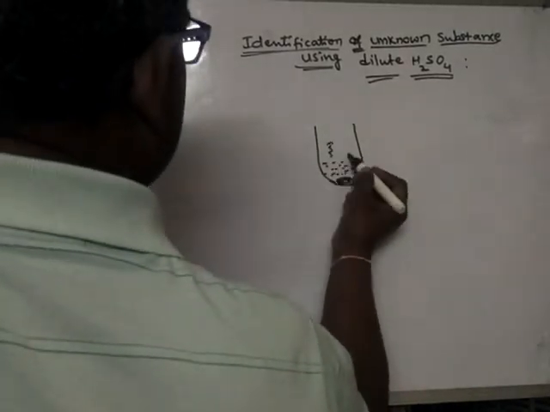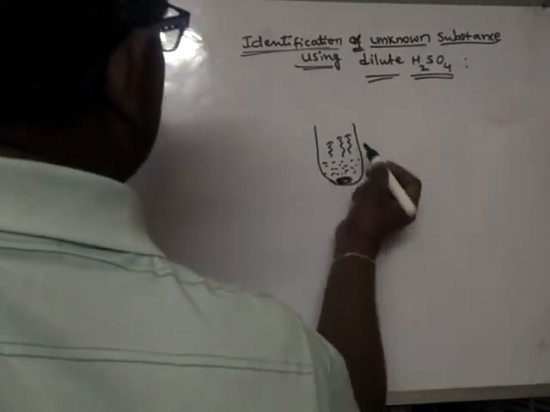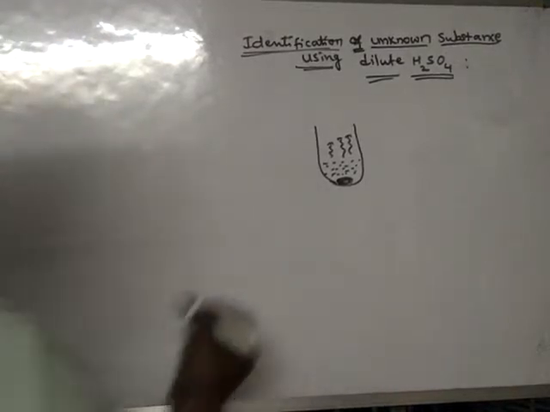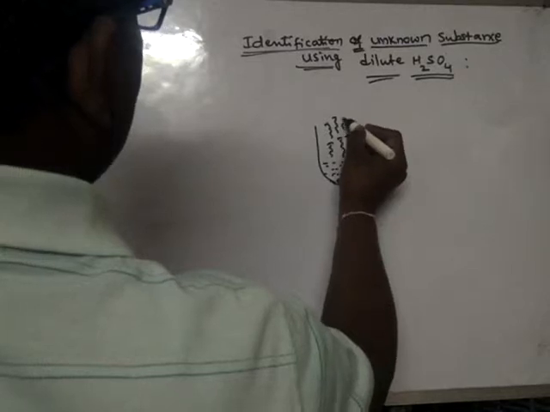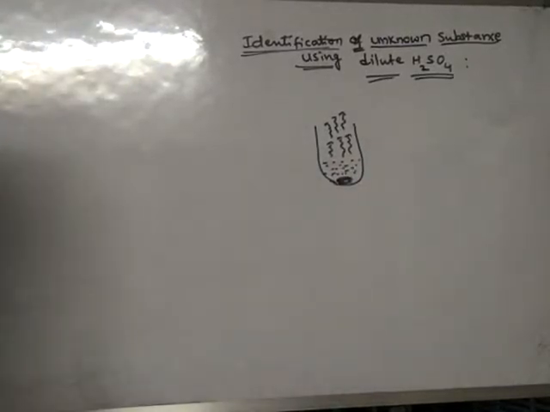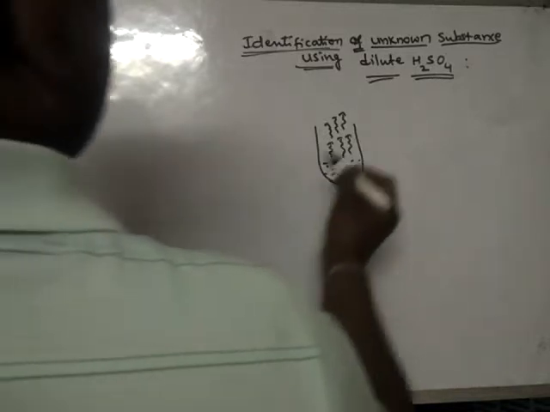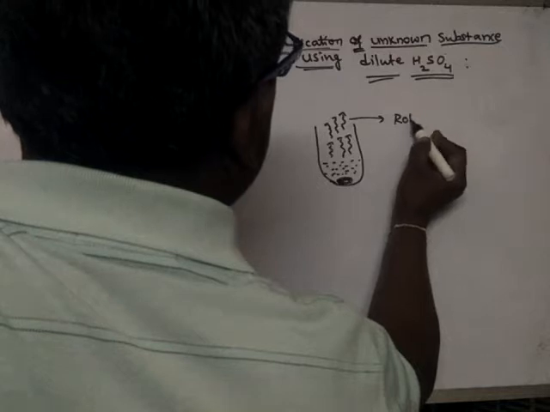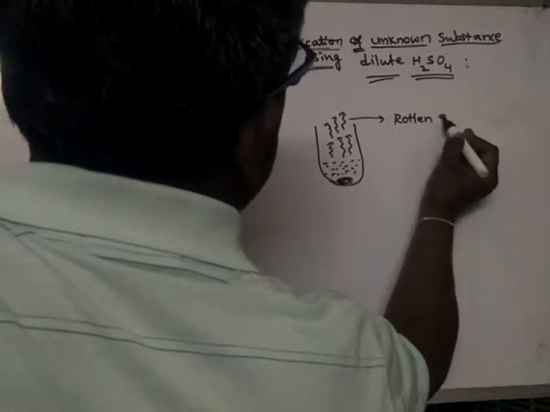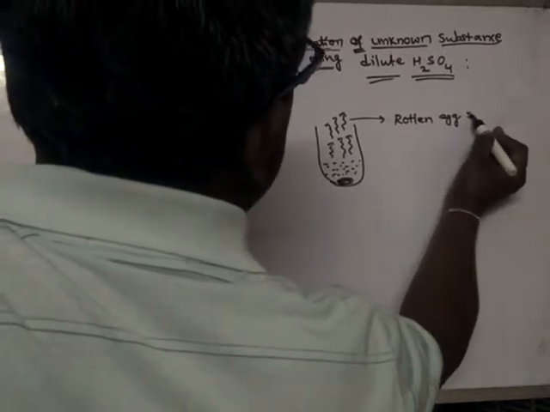Suppose a colorless gas is evolved from it due to the reaction between these two, and the colorless gas smells of rotten egg. Now this gas is producing a rotten egg smell.